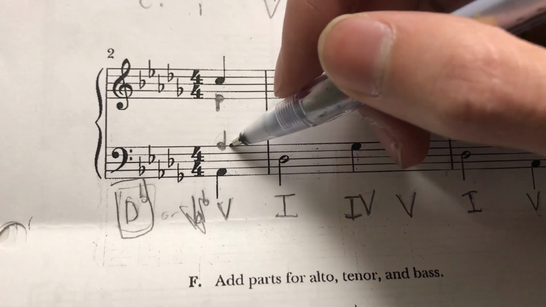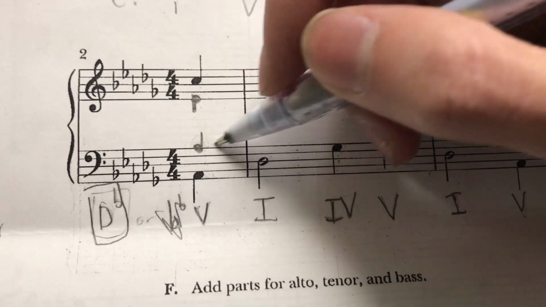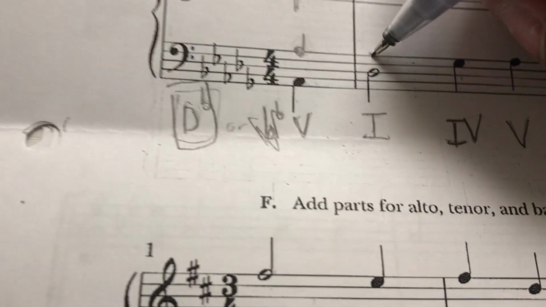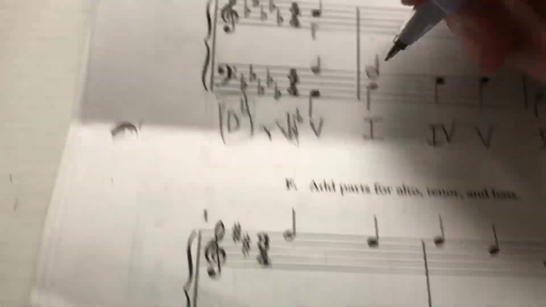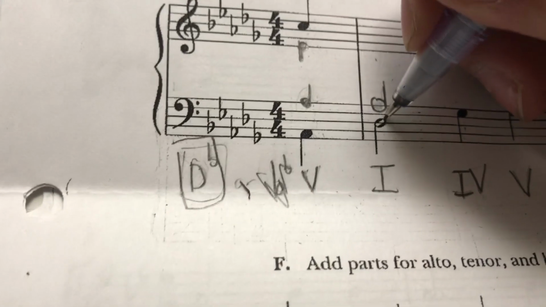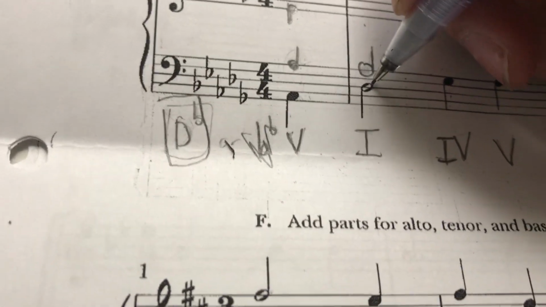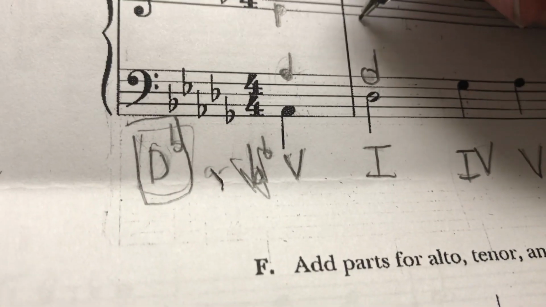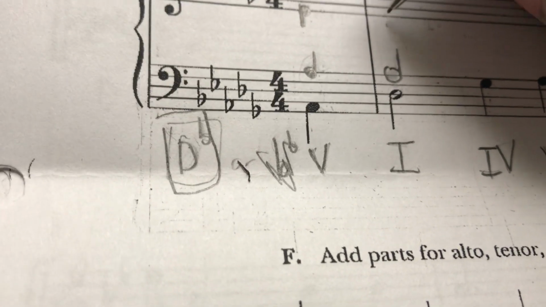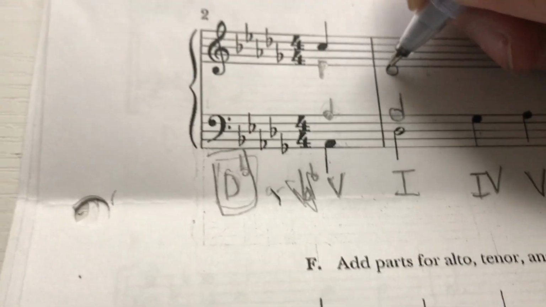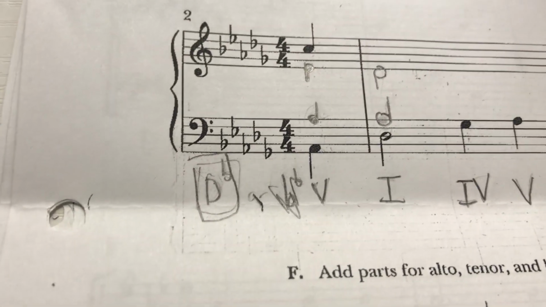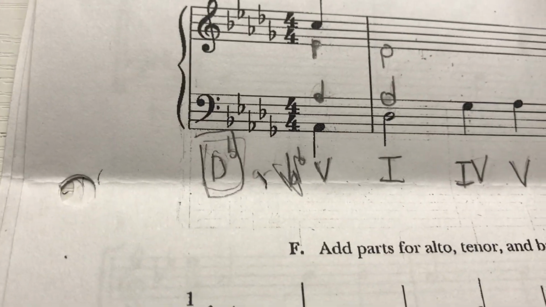So I'm just going to have one note stay, and this is going to be my A. Now D, F. We're going to need to get a D to double the root. This is E, so going down one is going to be D. And then the only thing we're missing is F, A.